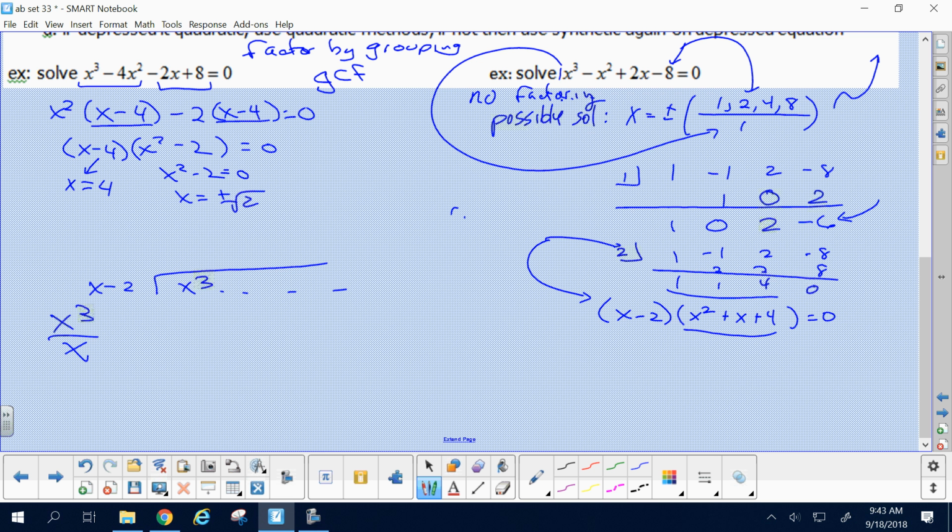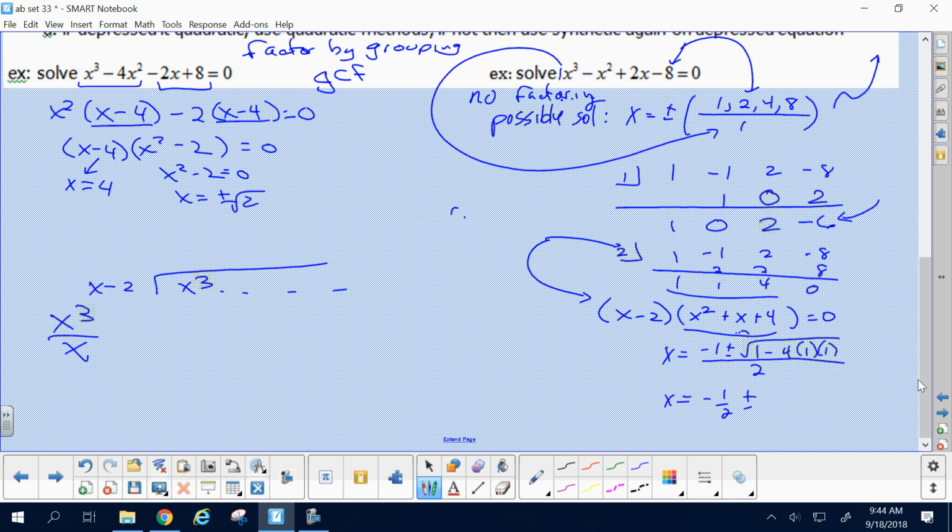How can you figure out the zeros of that? It doesn't factor, so quadratic formula. I could find the solutions by saying x equals negative 1 plus or minus the square root of b squared minus 4ac, over 2a. X is negative 1/2 plus or minus, what do I got in there?